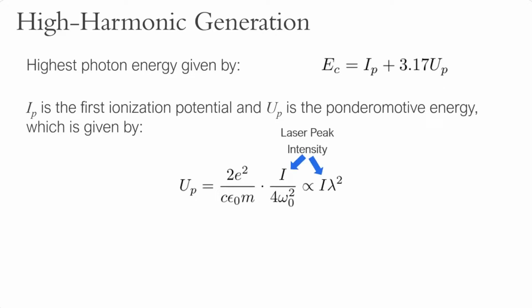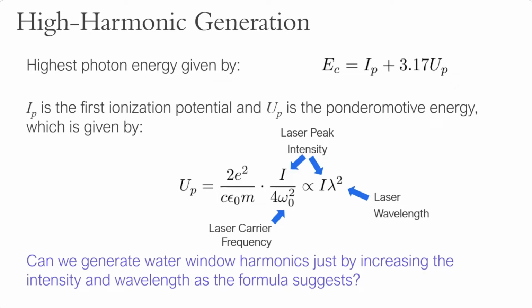We're using a 6 cycle laser pulse, but this is the peak intensity of that pulse, as well as the laser carrier frequency. And as I'm sure you're all aware, we can easily find the wavelength from the frequency, as the wavelength is what we are actually varying in our R matrix method. So then the question that we're seeking to answer throughout the course of this research is, can we generate water window harmonics purely by increasing the intensity and wavelength as this formula suggests?